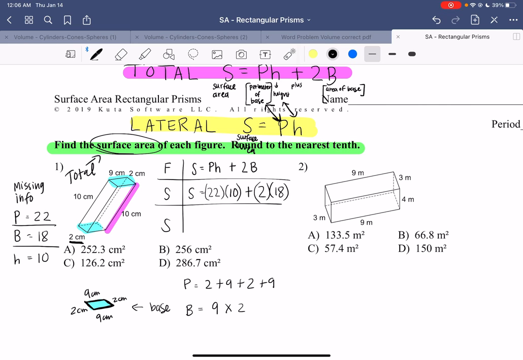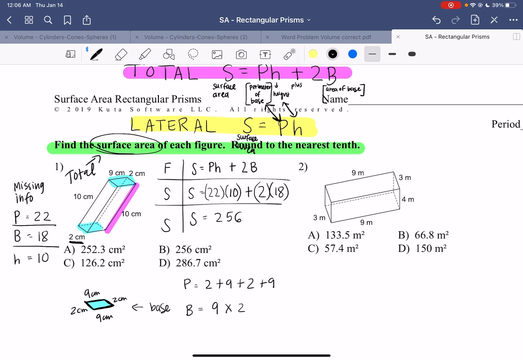So we can then put it in our calculator, or we can do some math in our head. Give you a moment to maybe type that out. So hopefully you landed at 22 times 10 would be 220, plus 2 times 18 would be 256.